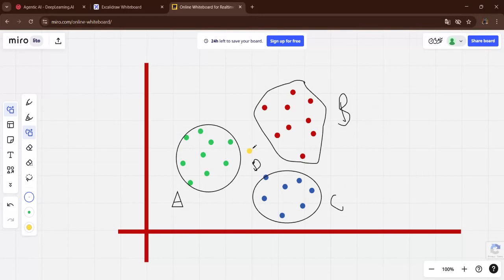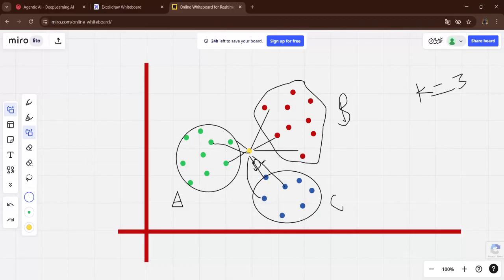This yellow circle is the new data point. Suppose the k value is 3. Then find the nearest neighbors of each class, with a limit of 3. This is 1, 2, and this one is 3. In class B, this one is 1, 2 and 3, and in C, 1, 2 and 3.